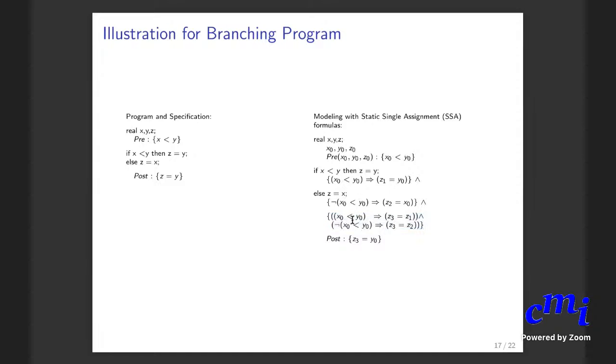So now you introduce a merge variable, a new variable z3, which can either be z1 or z2, depending upon whether x naught is less than y naught, or the negation. Your post condition will then be expressed in terms of the merge variable.